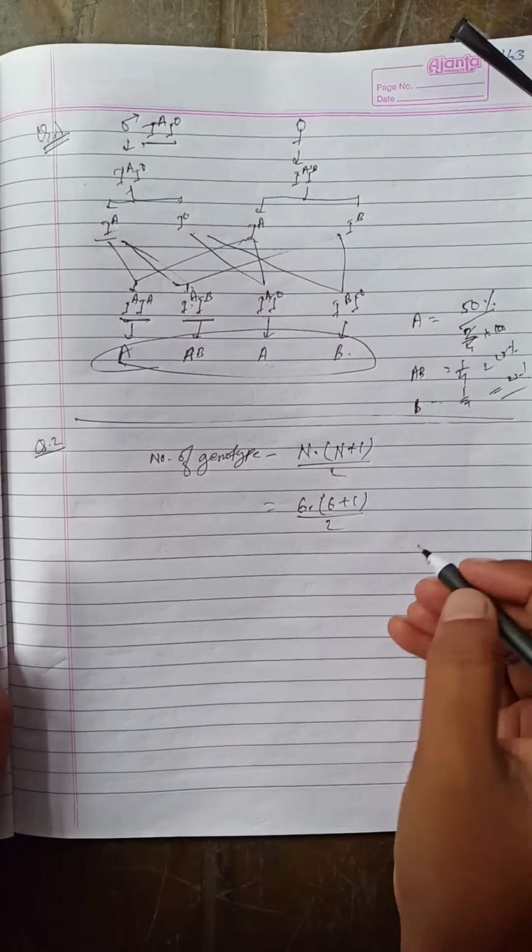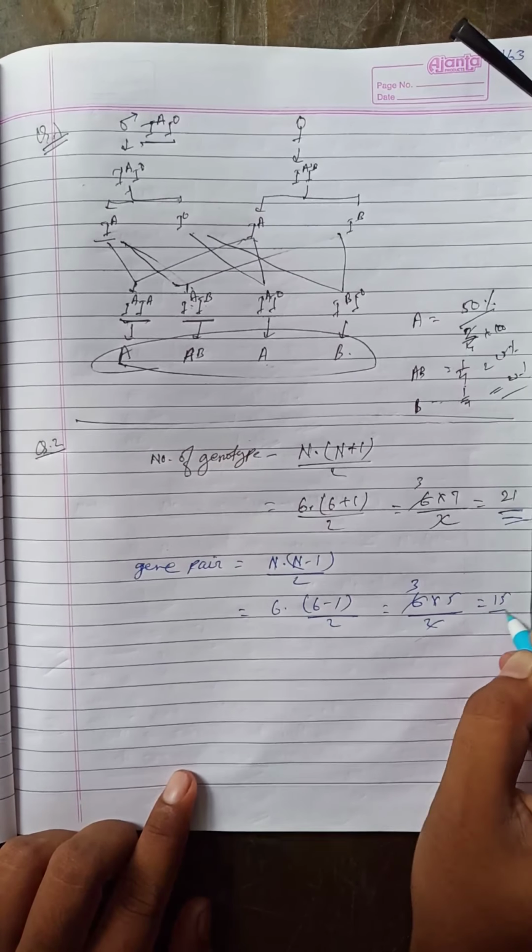And what about the gene pairs? The formula is n into n minus 1 by 2. That means 6 into 6 minus 1 by 2, which is 6 into 5 by 2, or 5 times 3.